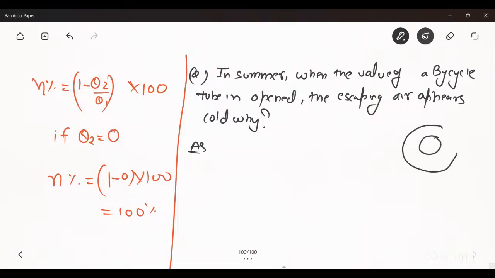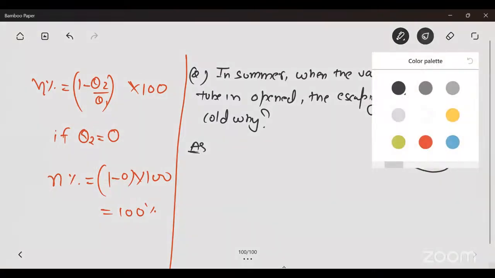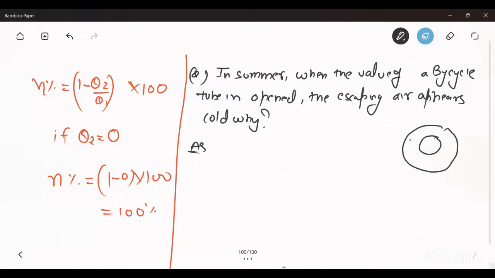The air inside it is insulated, so there is no exchange of heat. If there is no exchange of heat, it will remain at a cold position. So when we remove the valve of a bicycle tube in the summer, the air appears cold because of adiabatic expansion.